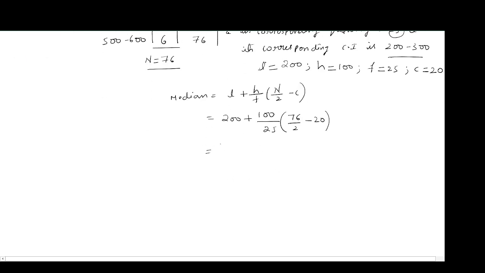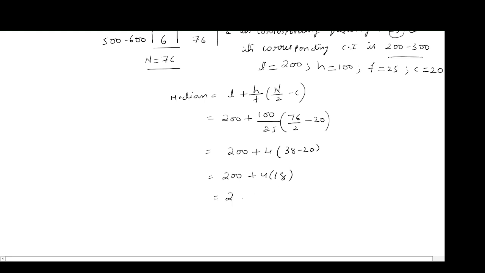Now I have to keep this 200 as it is, plus 100 divided by 25 is 4, 76 divided by 2 is 38, minus 20. Keep this 200 as it is, plus 4 into 38 minus 20. So we are not supposed to add until we solve the bracket value. So 38 minus 20 is 18.